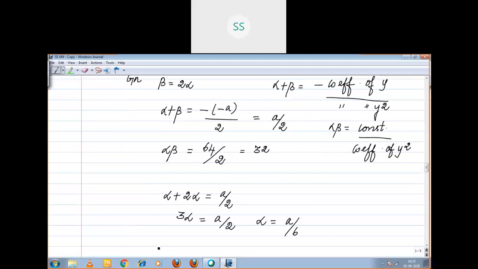Now you see alpha beta can be replaced by 2 alpha squared, which is equal to 32. Right, children? So 2 alpha squared equals 32. What is alpha you found already?